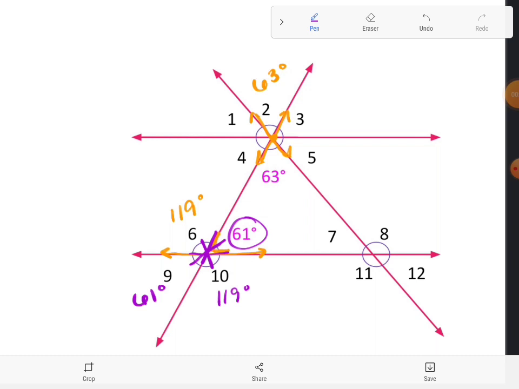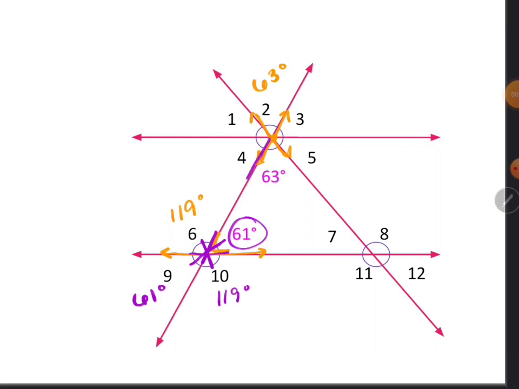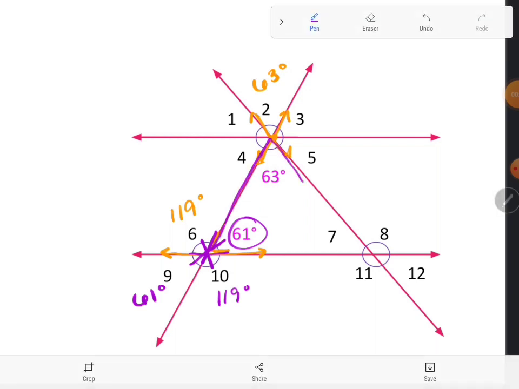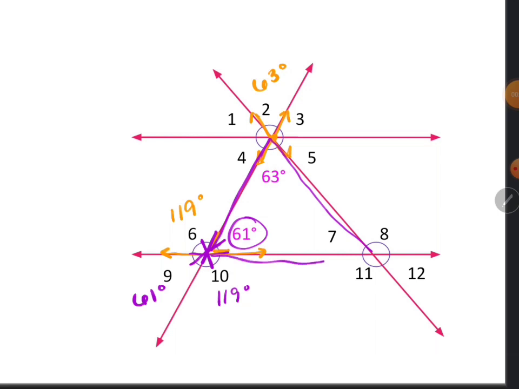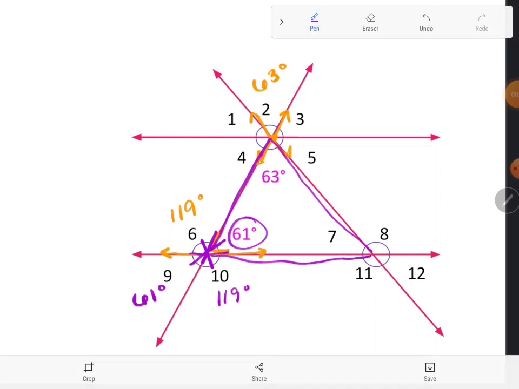and this is a simple thing, if you'll notice the triangle at the center of the figure right here, any triangle that you have is going to equal 180 degrees total. We already know 2 of the 3 angles here, 63 and 61, so we can go ahead and add those together, and we're going to go ahead and get 124.